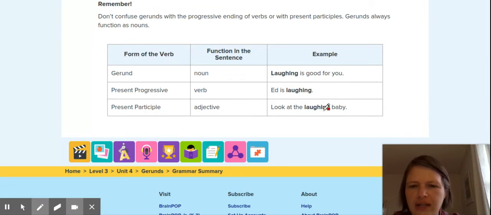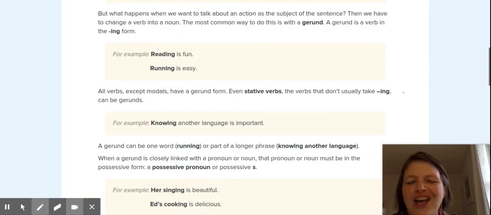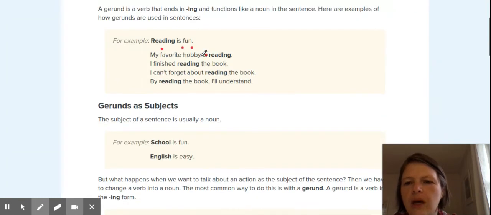And those are all correct, but they function differently in a sentence. Remember, gerunds are when your verb is acting like a noun in the sentence. So the verb laugh is at the front of the sentence, where usually my noun, the subject of my sentence, is, and it's saying laughing is good for you. Okay. So that is just a review on gerunds.